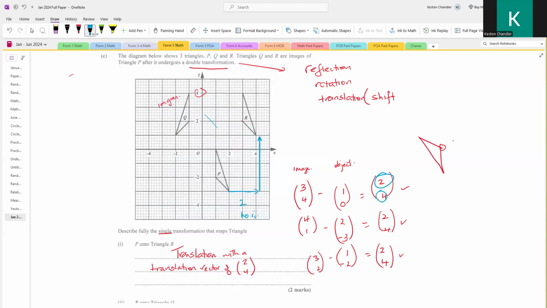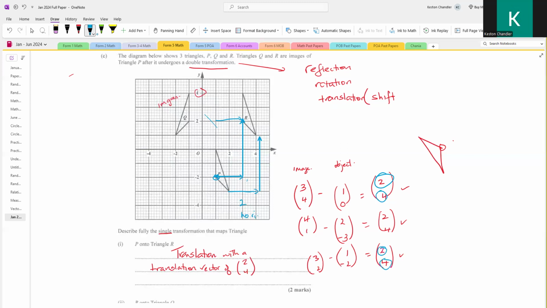Let's look at this point. This point went 1, 2 here. See now? Look at where it went. 2 blocks this way, and then 1, 2, 3, 4 blocks up. Everybody see now? 2 blocks across, 4 blocks up.